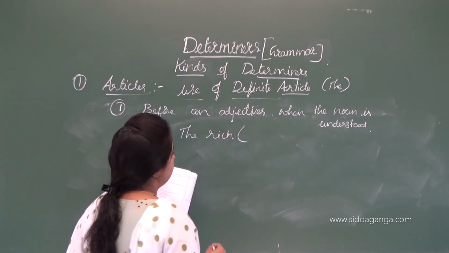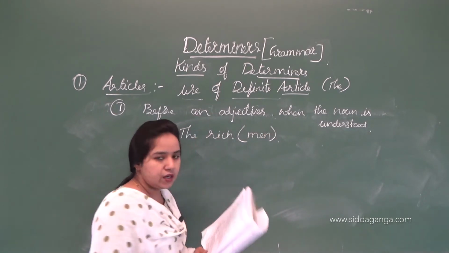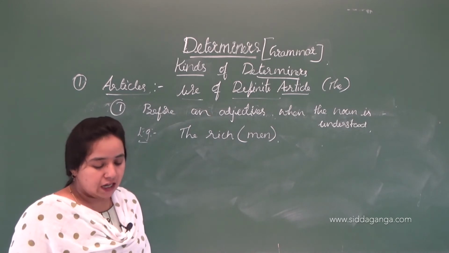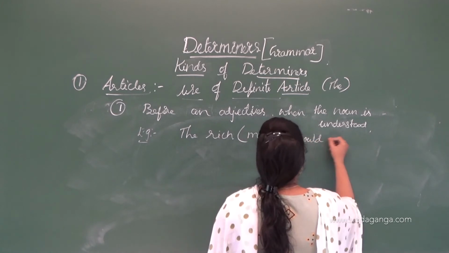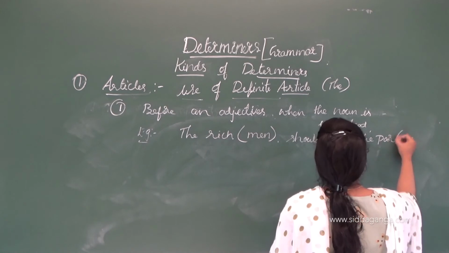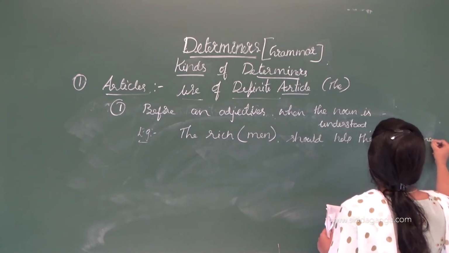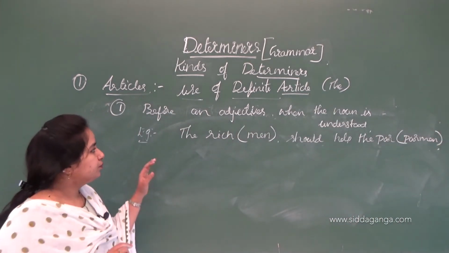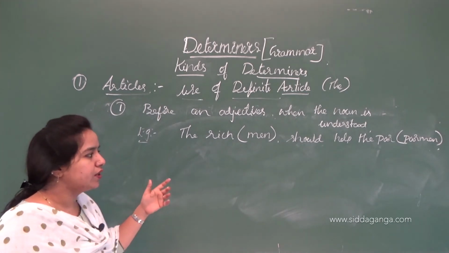So rich, here it says about all people, all men who belong to the rich category. The rich should help the poor. Poor men. Okay. So when it comes to the general talk of adjectives, the is used before the adjective when a noun is understood.